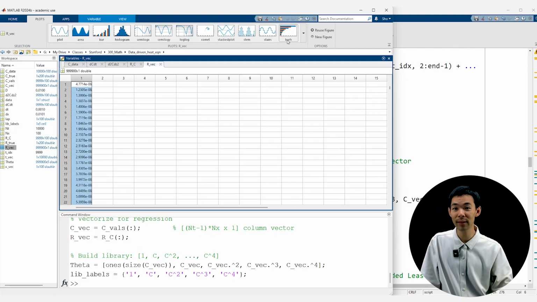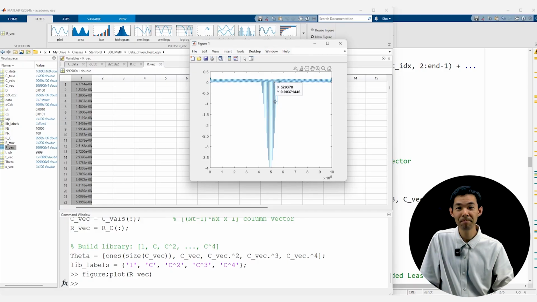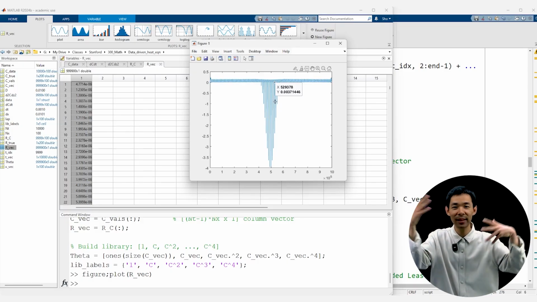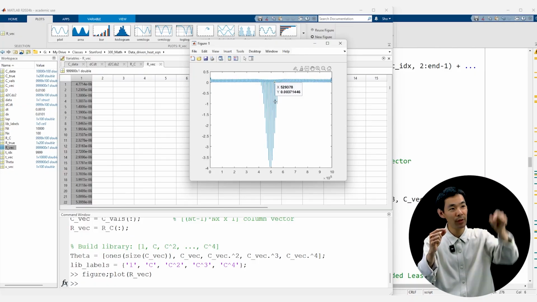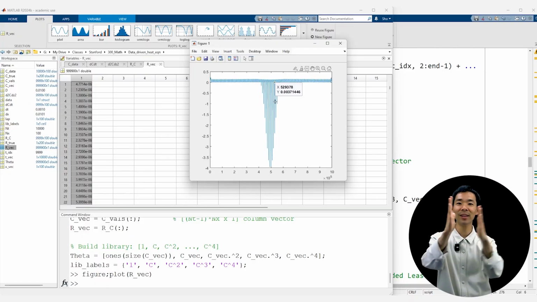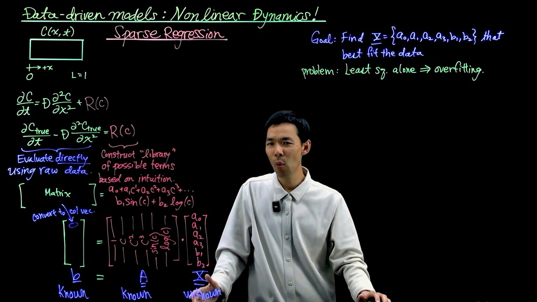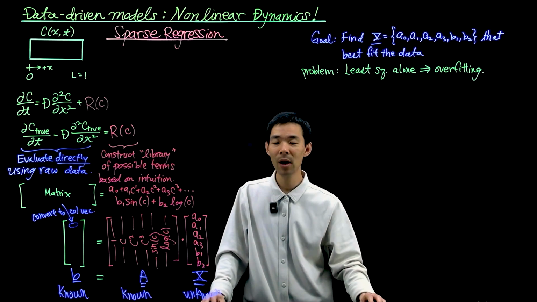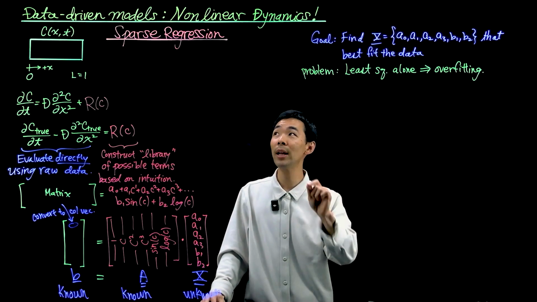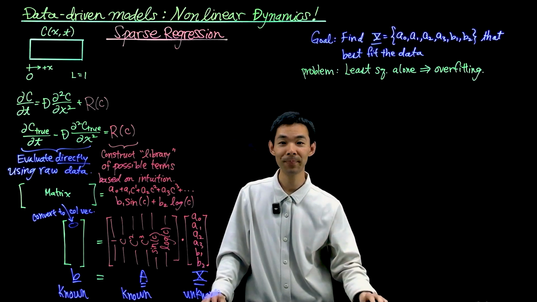If I were to just plot this, it contains the exact same data, just looks like that. Okay, and it's not in any particular order. It took the entire first column, went to column number 2, column number 3, and it just concatenates them vertically, right? Because at this stage, we don't really care where the particular entry in the matrix really came from. All that matters is that it was a data point that you collected, that you took the proper derivatives in time and space of. That's all that matters.